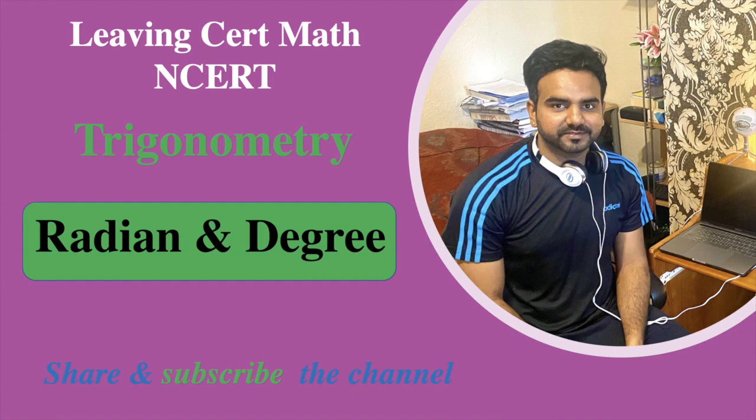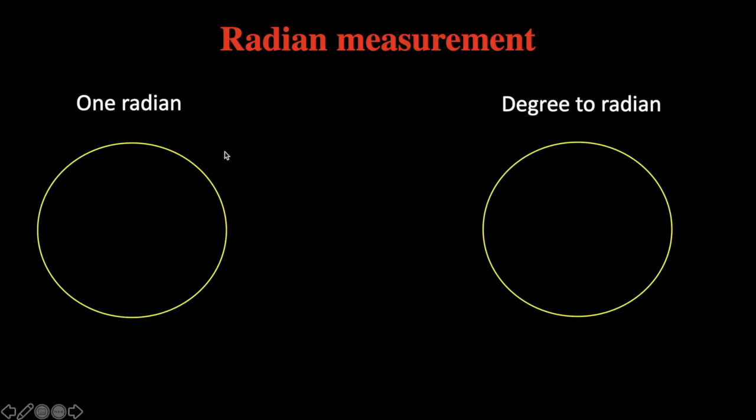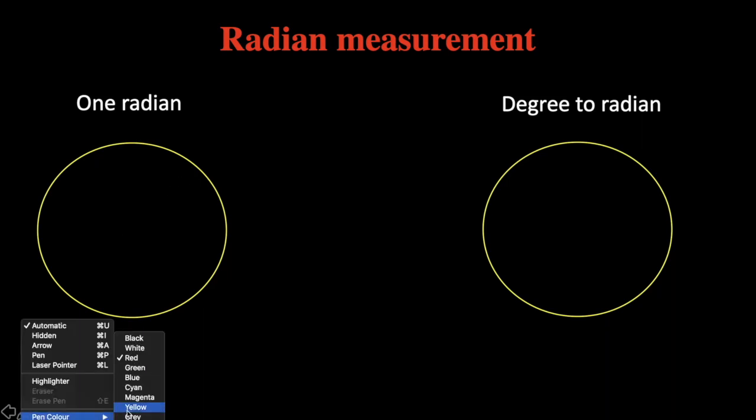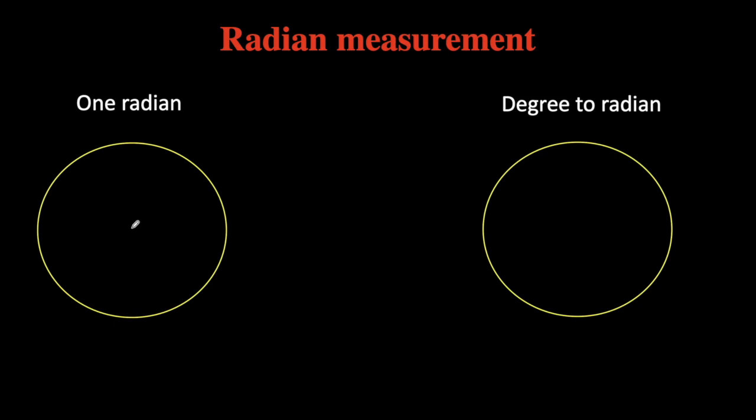Okay, so now what is a radian? How do you define one radian? Suppose you have a circle and there is a center here, and this is called the radius of a circle. Now you can measure this length r, and also measure this length and make that also equal to r.